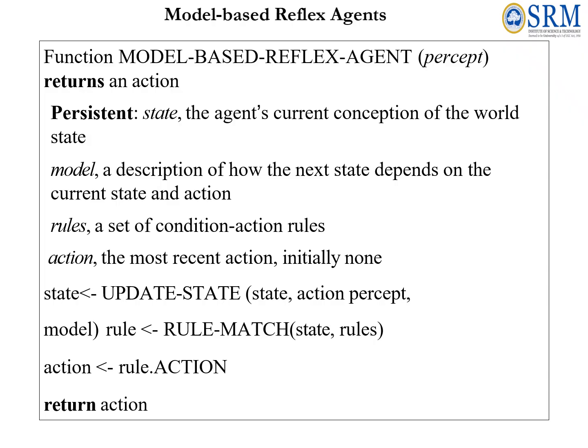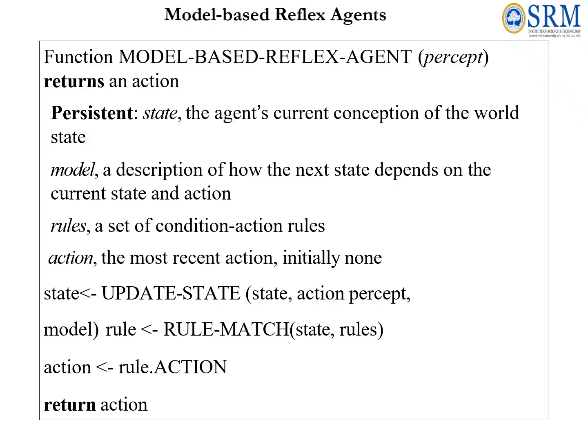Next is persistent. Persistent means the values are stored in memory and are available for future decisions. A state represents the agent's current understanding of the environment, for example, room A equals clean, room B equals dirty. Even if the sensor cannot currently see room A, the agent remembers it. Next is the model.